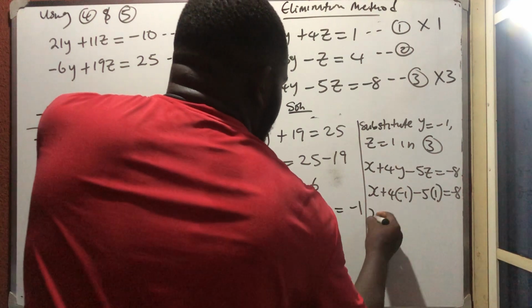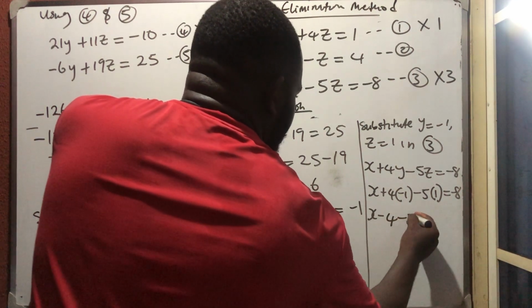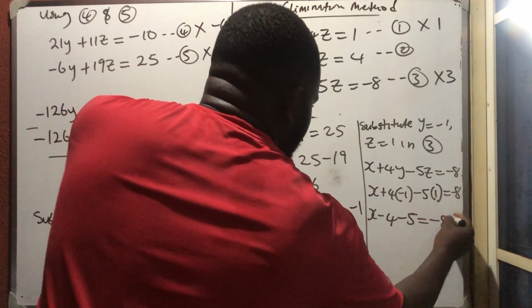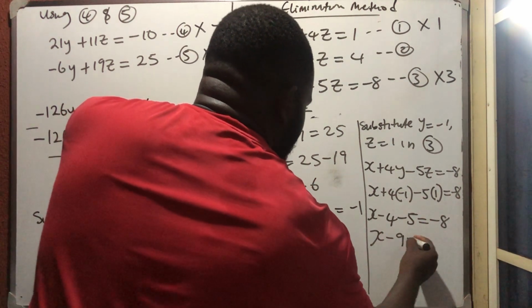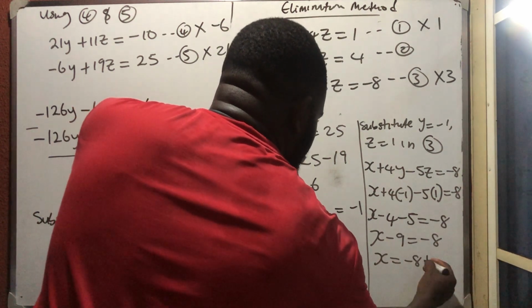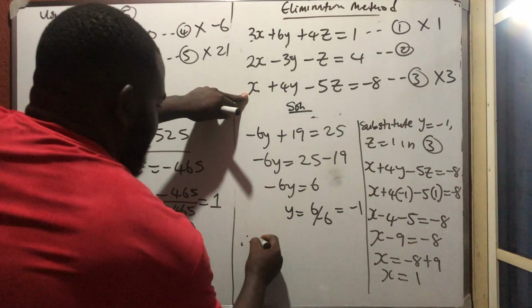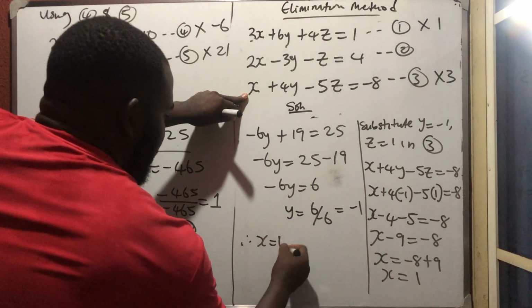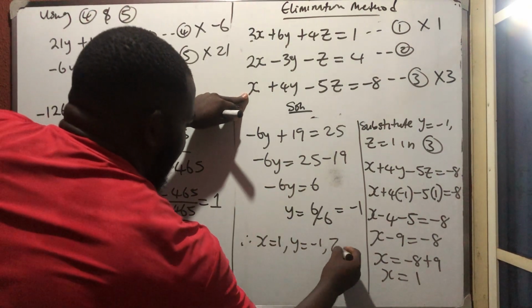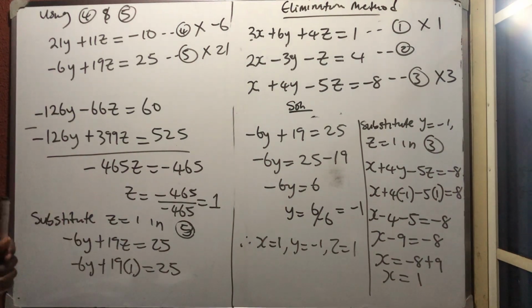So what do we have now? x minus 4 minus 5 is equal to minus 8. So x minus 9 is equal to minus 8. So therefore x is equal to minus 8 plus 9. So x is equal to 1. Which means I've gotten that x is 1, y is minus 1 and z is 1. Very simple. That is how to solve elimination method.